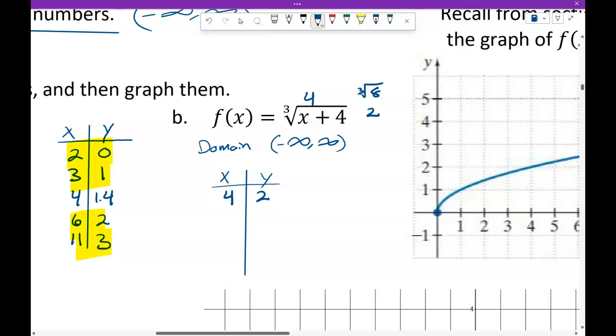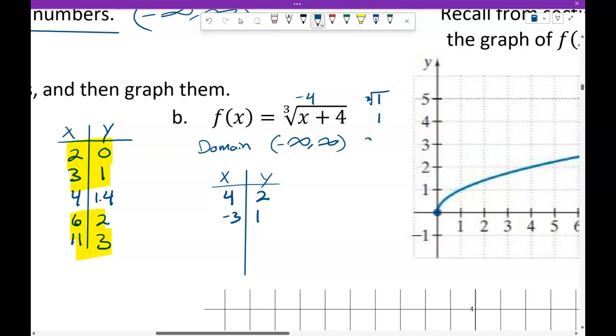Now I'm going to run out of room on my graph if I keep going up. So remember, we can also go down. Instead of doing 0, we can do negative 1. Negative 1 plus 4 is 3. That's not going to work. But let's go a little lower: negative 3 plus 4 is 1, and the cube root of 1 is 1. So negative 3, 1.